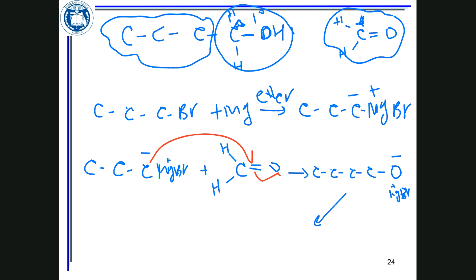When you hydrolyze it, in the next step, so Grignard should always be followed by hydrolysis. When you hydrolyze it, you're going to protonate the alkoxide. From the water, H would go with the oxygen, and OH will go with the MgBr, giving MgBrOH. MgBr has a positive charge, OH has a negative charge, so this gives a very stable product.